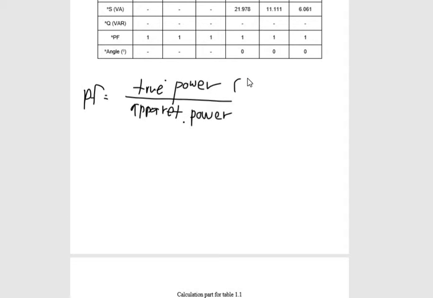True power is commonly measured in kilowatt, while apparent power is in kilovolt ampere.